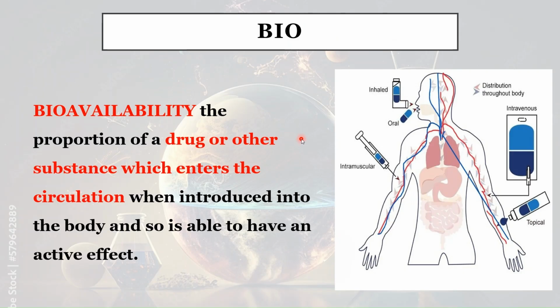I can't get access to the heart, so I have to take a blood sample and find out how much amount of drug is available. Whether the drug is taken orally, inhaled, by injection, by topical route or by IV, we find out the amount of distribution only in the blood. That's why it is called bioavailability.